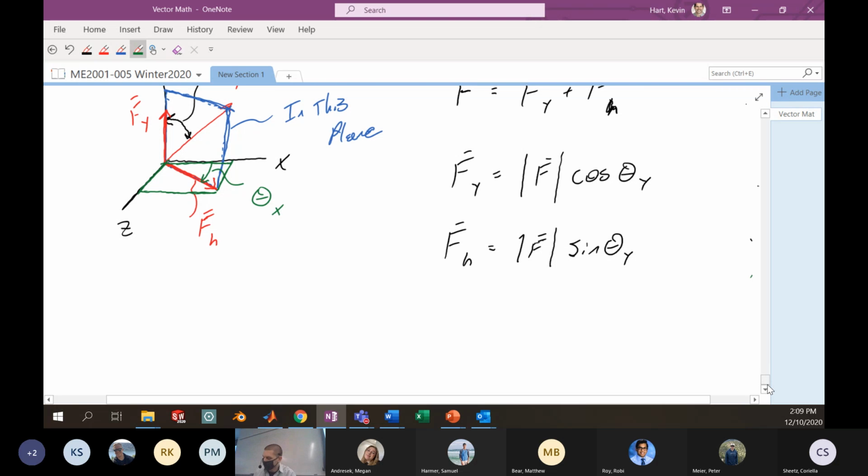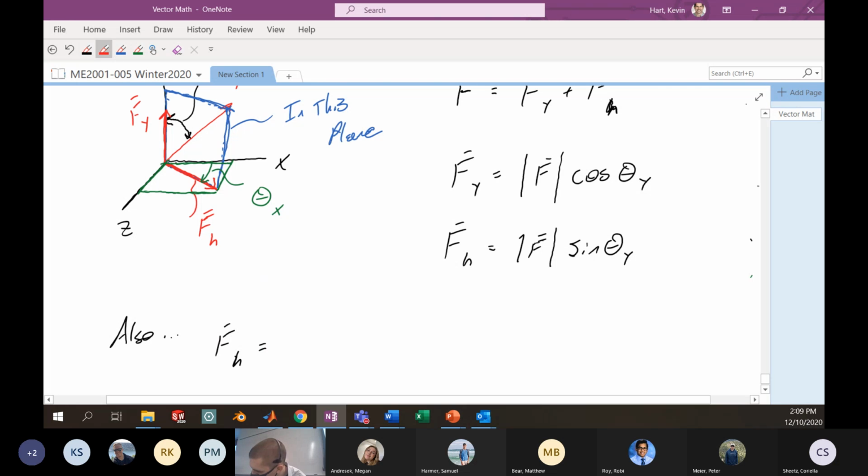So now we can resolve Fh into components that involve theta x. Right? So let's do it in red.